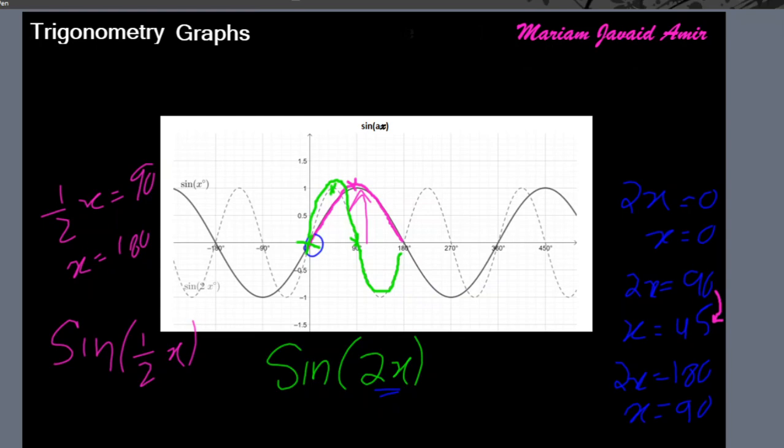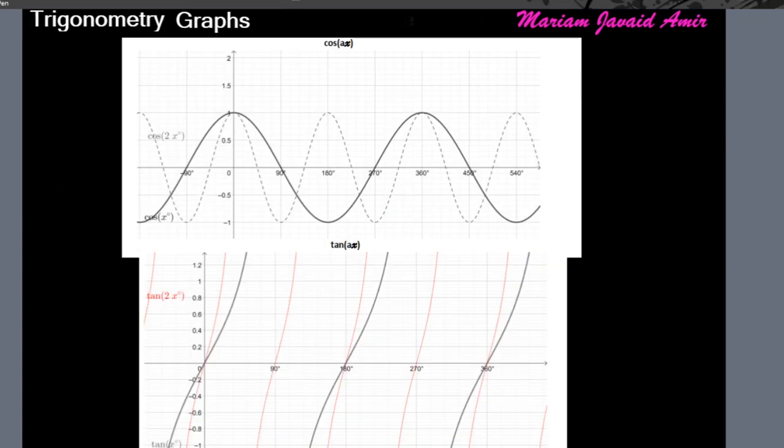So now we're getting the maximum point at 180 and then the fall another 180 degrees later, and so on. So that's how you deal with such questions, and the concept will remain the same for the graph of cos x and tan x. Okay.